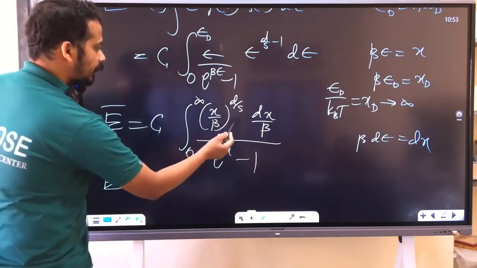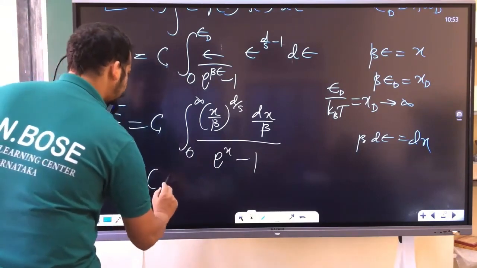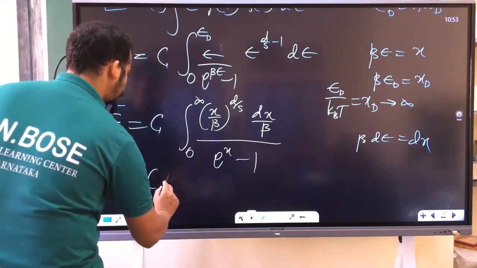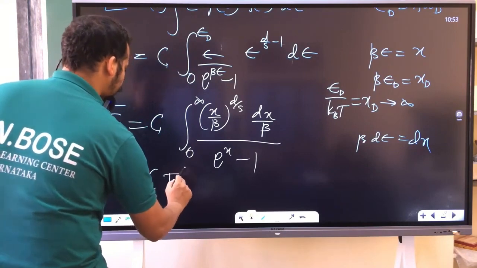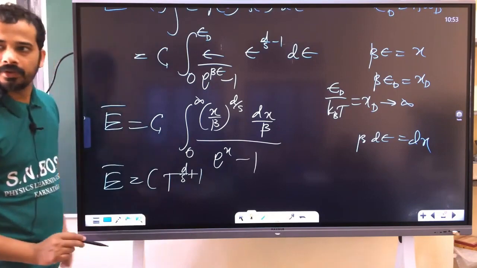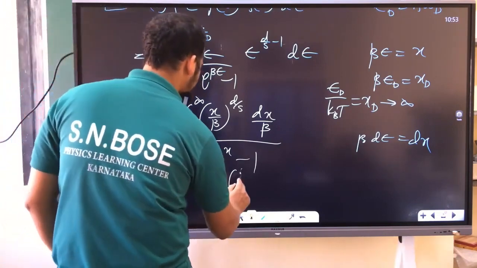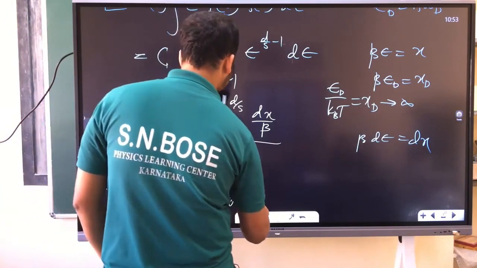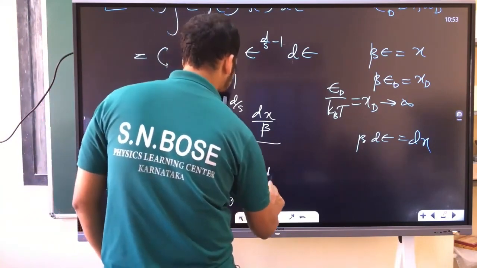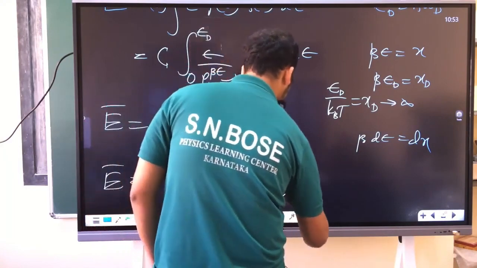Now if you take that beta outside, pick up a constant into T power d by s plus 1. The rest of the terms are 0 to infinity, x power d by s dx whole divided by e power x minus 1.